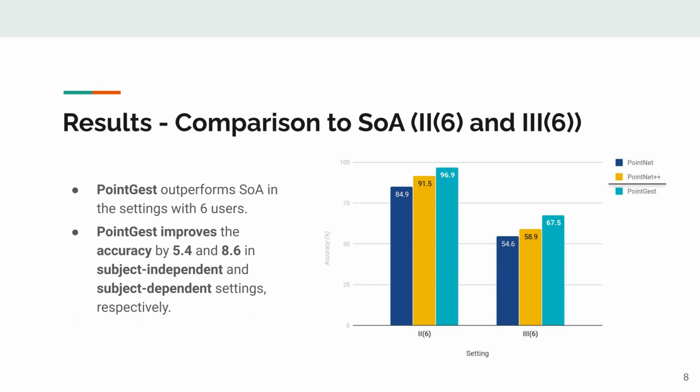The reason behind the drop in the accuracy from setting 2 to setting 3 could be the lack of training data. As was shown in previous slides, we have much less training data in setting 3 than setting 2. Apart from that, since setting 3 is a subject dependent split, the results suggest that the style of making the gestures among the training and the testing users is different.